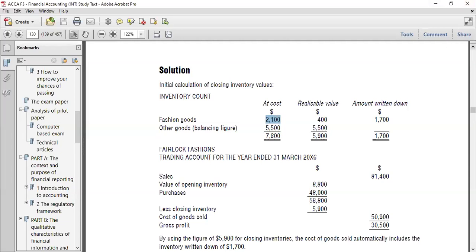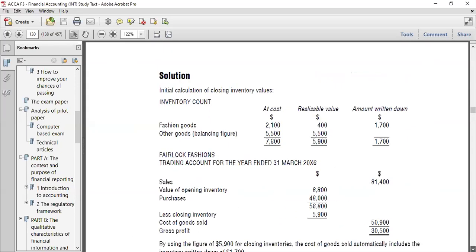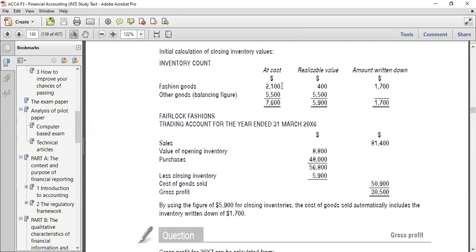So in this case, as you can see, our closing inventory was 7,600, but like they told us, part of this includes 2,100 that can no longer be sold at this value, but will now be sold at what value? At the 400, okay? So this is the kind of adjustment that is actually being made here. This inventory is part of the 7,600. So this inventory of 2,100 can only be sold at 400. Like you've seen, we are looking at cost and realizable value, okay?